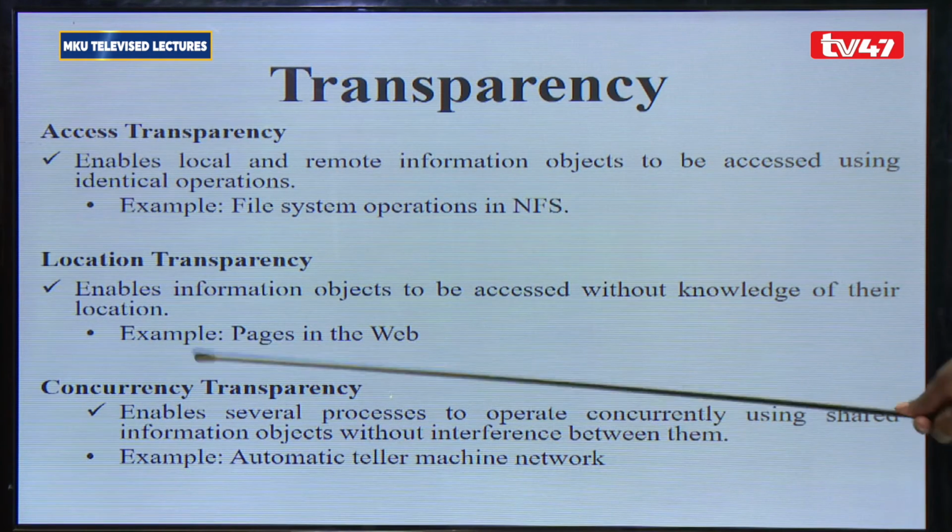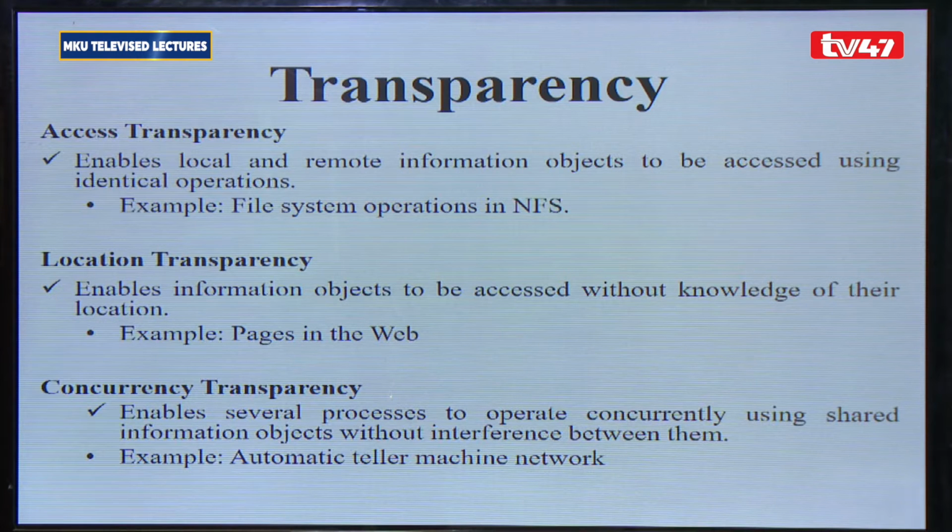The other thing is concurrency transparency. This one is the most interesting one. It enables several processes to operate concurrently using shared information objects without interference between them. I've given the example of an automated teller machine network.